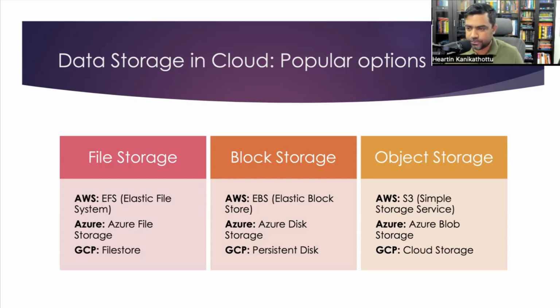And it mostly uses APIs such as REST APIs. You just put data, you get data. That is it. It's very simple. But you cannot install an operating system on an object store. And when we go to the AWS, Azure, or GCP tracks, we'll be learning all of these things in detail with hands-on exercises.